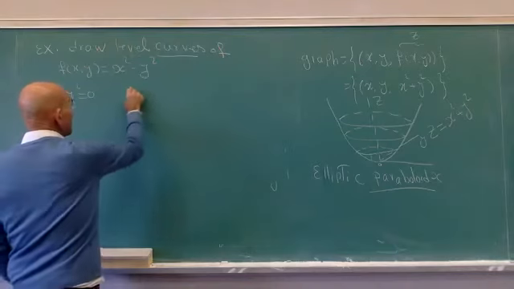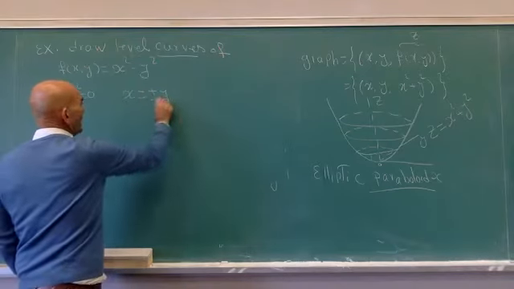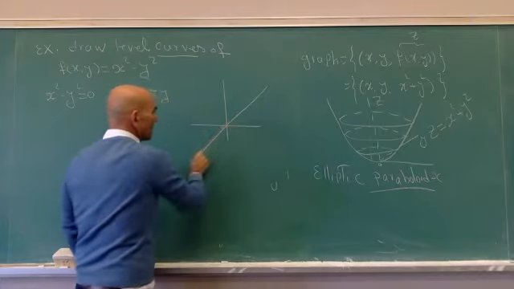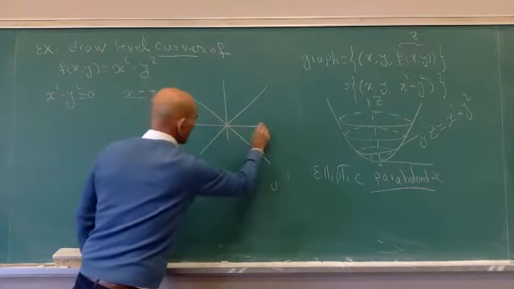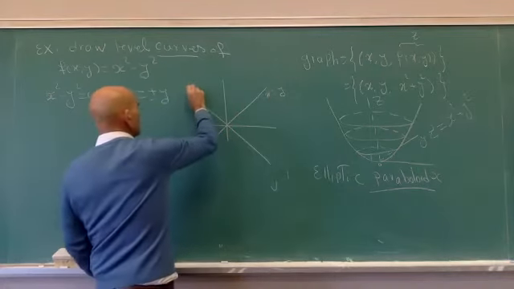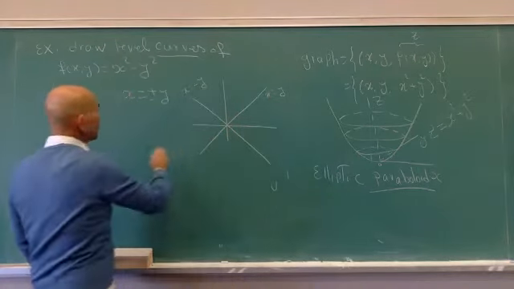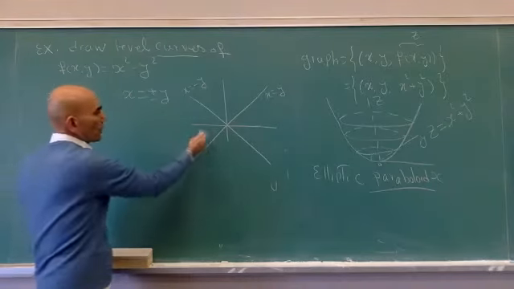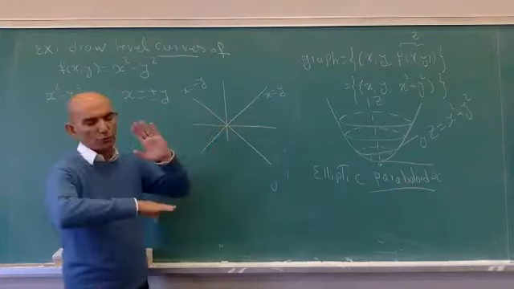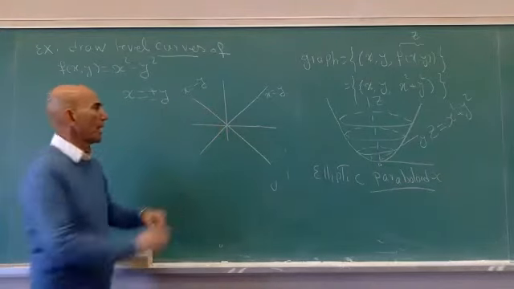So it gives me x equal to plus minus y. There are two solutions, but still we call it a level curve, although this is really two straight lines coming together at the origin.